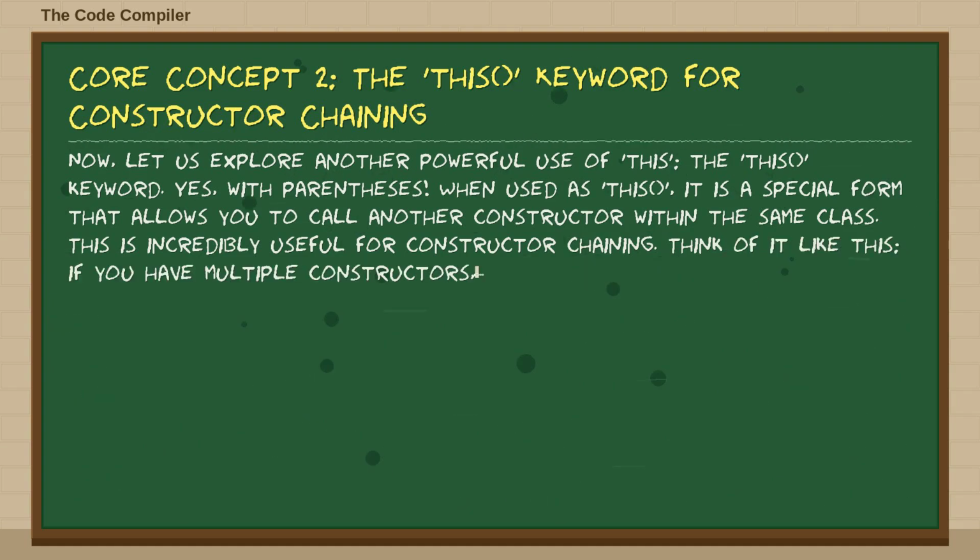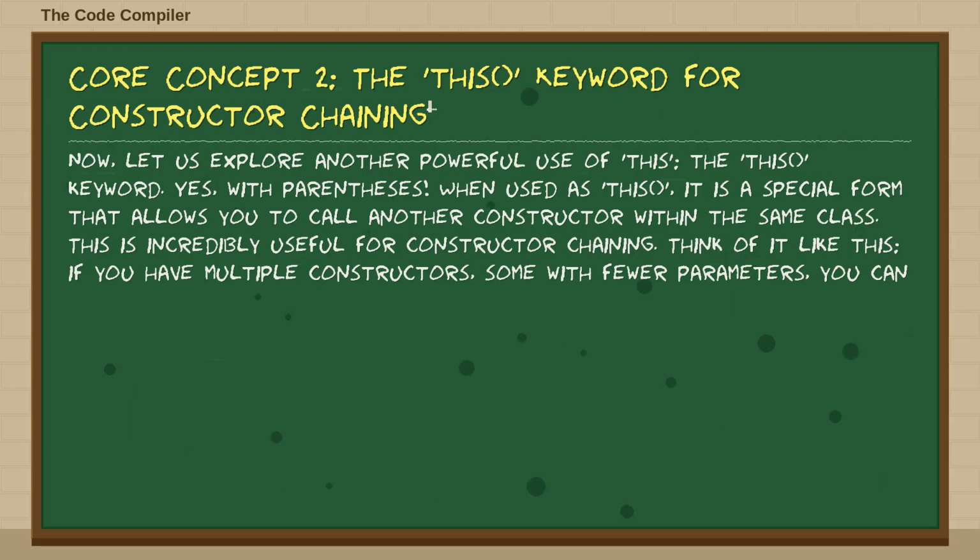Think of it like this: if you have multiple constructors, some with fewer parameters, you can avoid code duplication by having one constructor call a more comprehensive one using this(). For example, a default constructor might call a parameterized constructor with some default values.